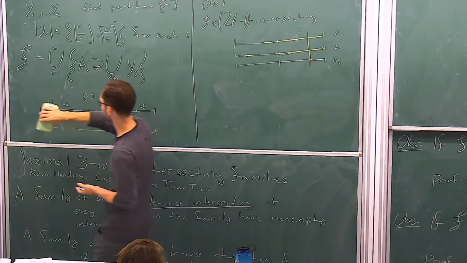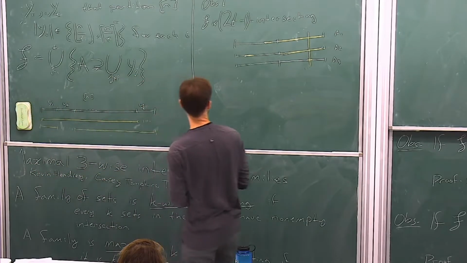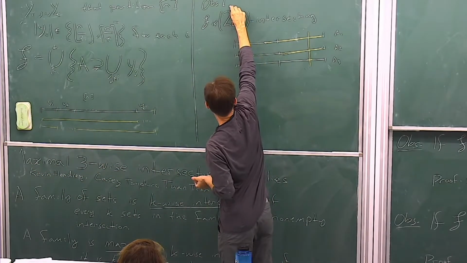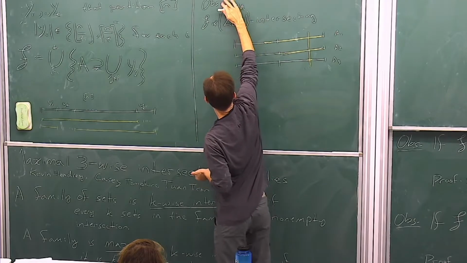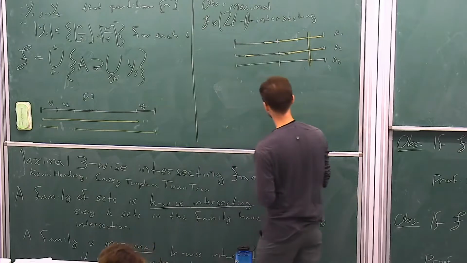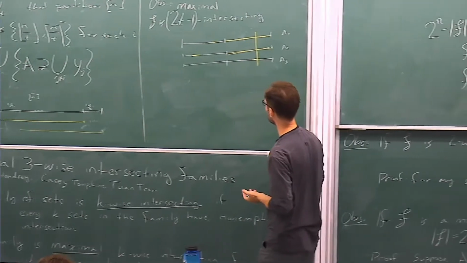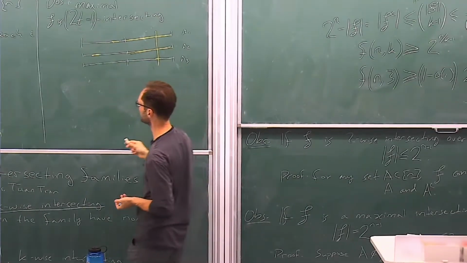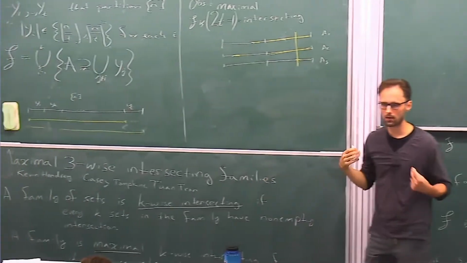And in fact, it's maximal 2t minus 1 intersecting. So here we need to consider two cases depending on what set we're adding.